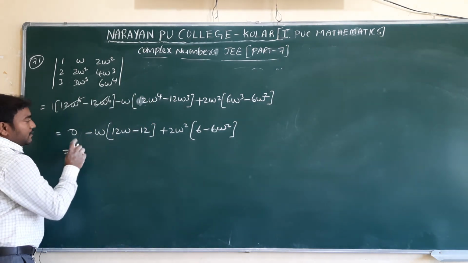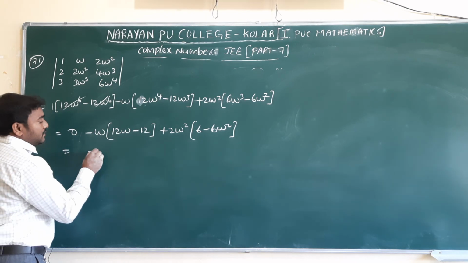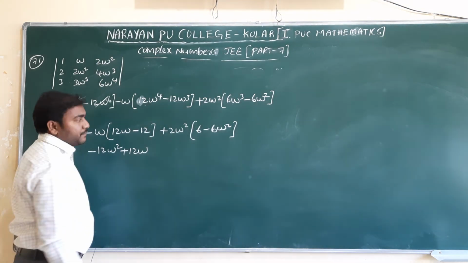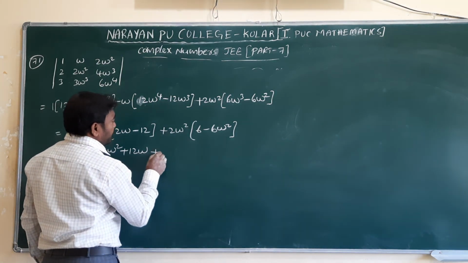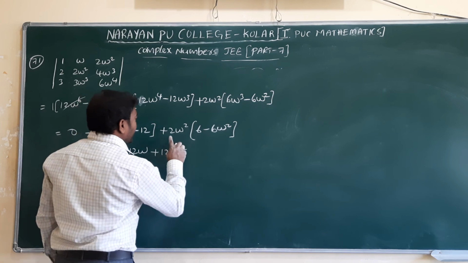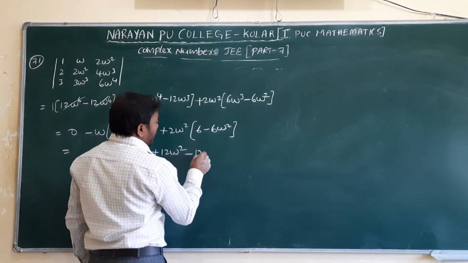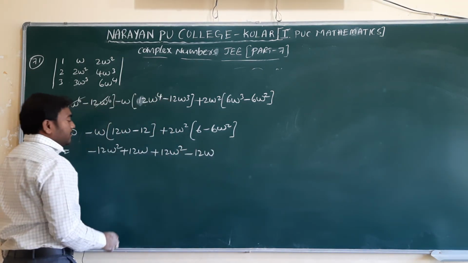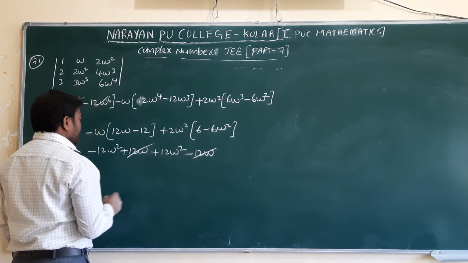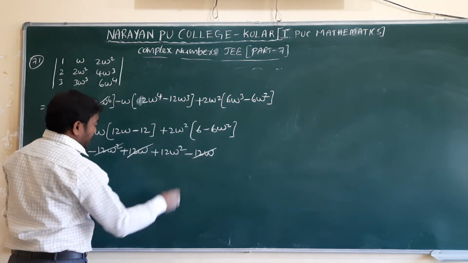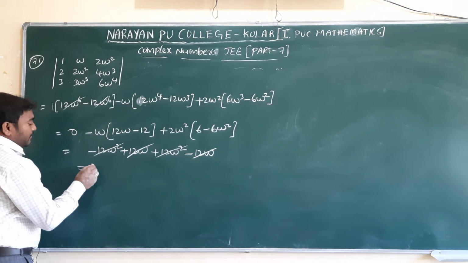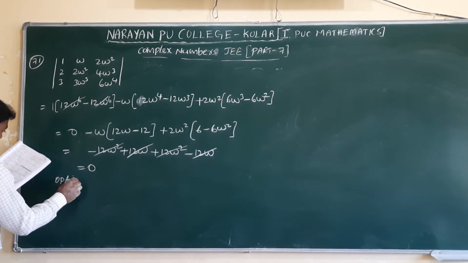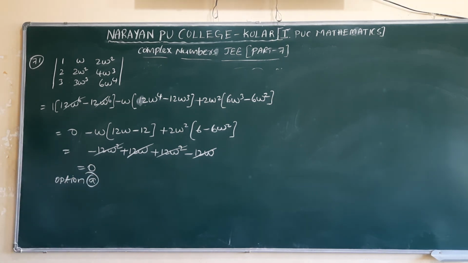Here multiplied, so 0 minus 12 omega square plus 12 omega plus 12 omega square minus 12 omega square into omega square, omega power 4 value omega. Now here plus 12 omega minus 12 omega cancel, plus minus 12 omega square plus 12 omega square cancel. Finally we are getting 0. The option A is the correct option.